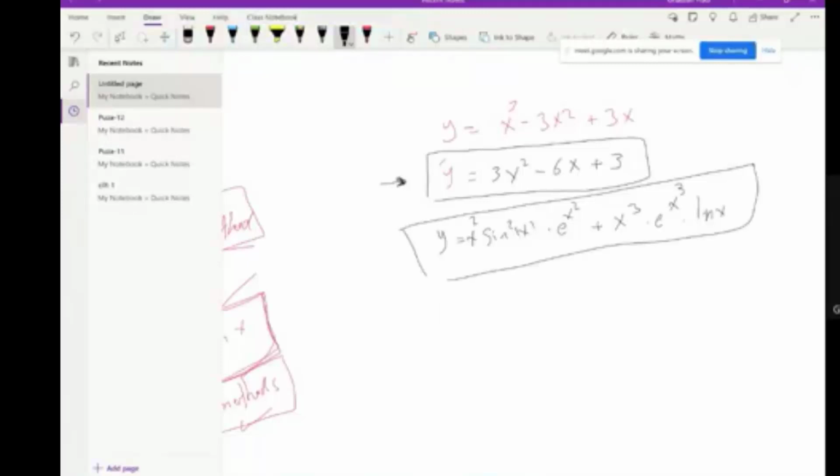It will be so difficult to differentiate it analytically. By analytically, I mean by law. By law, you took it already, integration and differentiation. Then we can use numerical methods.